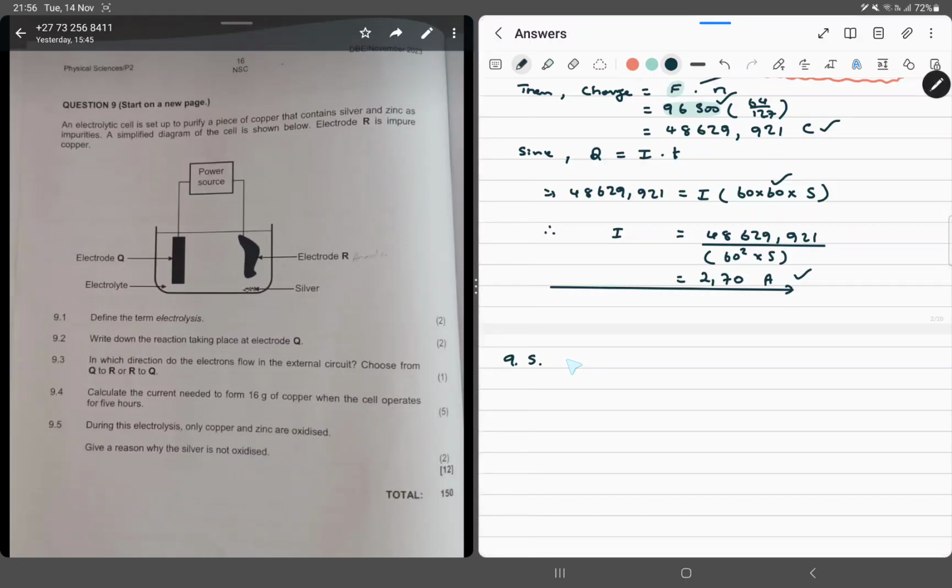So we can just say silver is a weaker reducing agent than zinc and copper. As we know, it is more of a stronger oxidizing agent rather. So that is the reason.